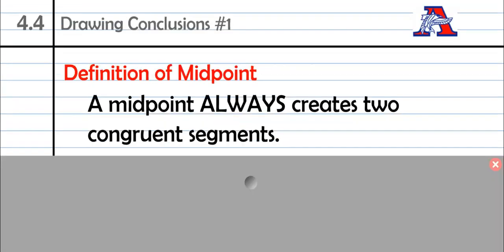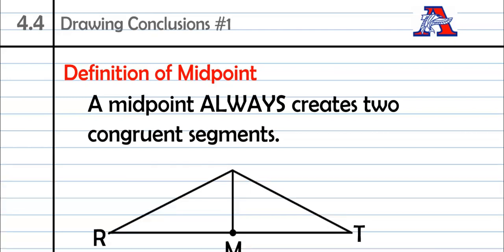And then last one, this one's not necessarily new, but kind of new for us in this unit. The definition of midpoint. The midpoint of something creates 2 congruent segments. So a midpoint always creates 2 congruent segments. So here is a little diagram.